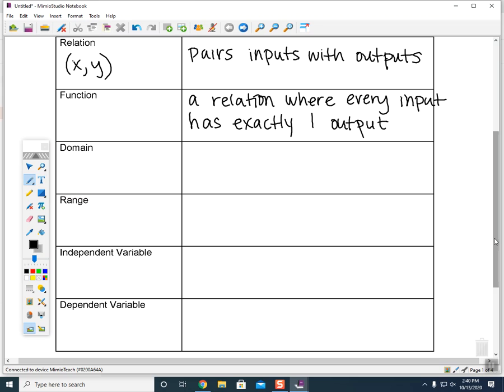Next one is domain, and our domain is going to be all sets of X's. So our domain is the set of all X values, or our inputs.